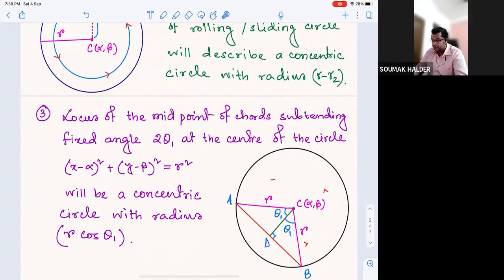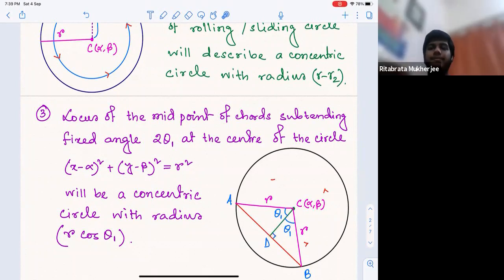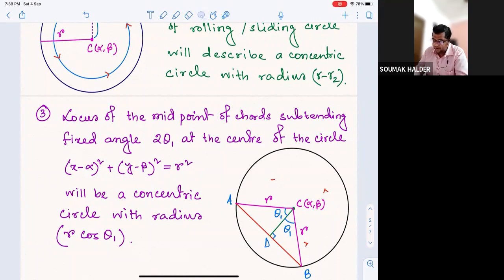You can identify this is r, the base angle being theta 1, so projection of r will give us the length r cos theta 1, right? And we know that the perpendicular from the center also bisects the chord, so the foot of the perpendicular is the midpoint of the chord.